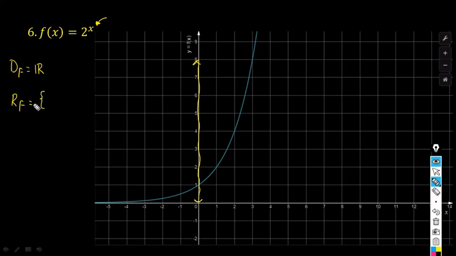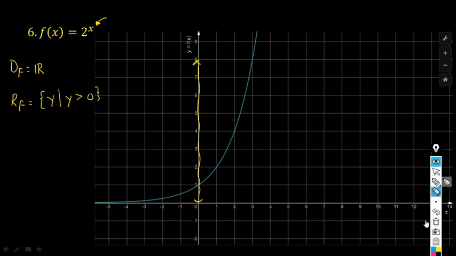The range of f is equal to all the numbers y such that y is greater than 0. As you can see, I'm not writing greater or equal than 0, because the 0 is not in the range. The 0 is excluded, only that number. But anything above 0 will be part of the range of this function.